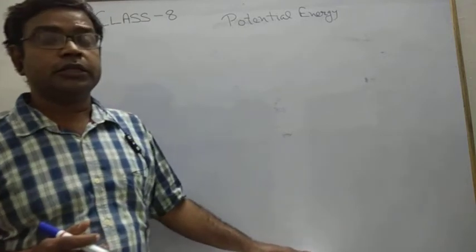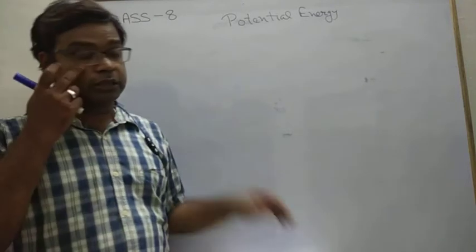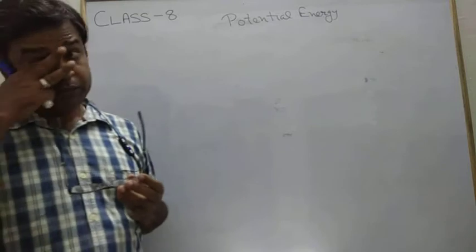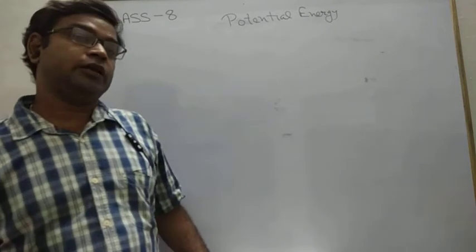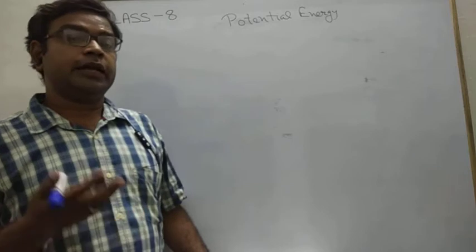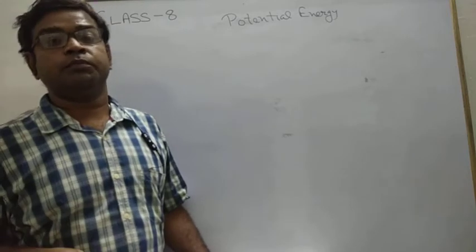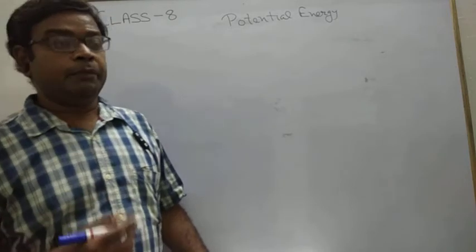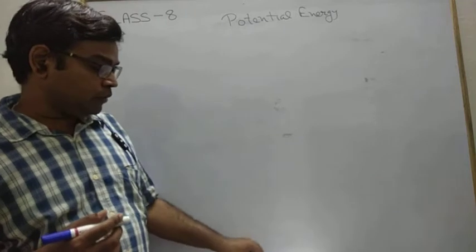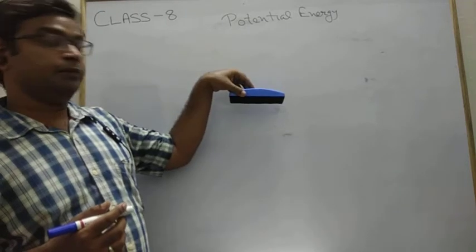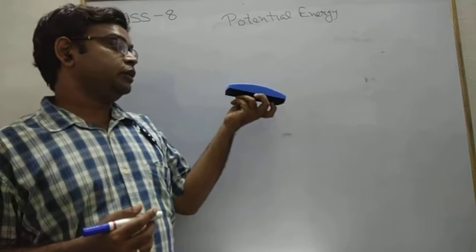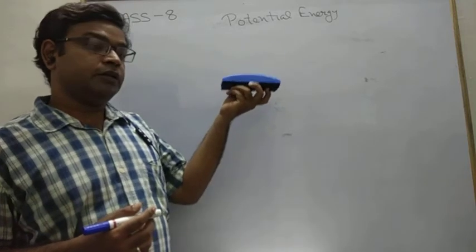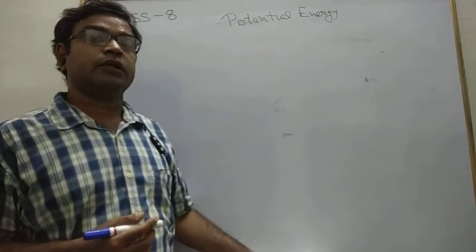As we discussed, if we raise the body up to a height, the body has stored energy, and that stored energy is known as potential energy. But because we are doing work against gravity, the energy stored inside the body, when we leave it, moves towards the gravity.